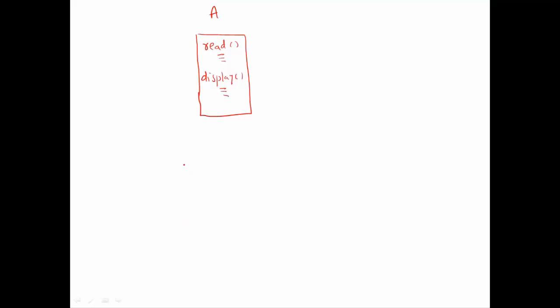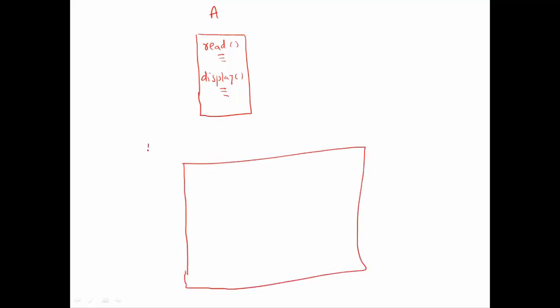Then what I do is, suppose I have another class called B. In this class, I have written a method called compute, suppose. Okay? And I have also written a method called display. Right?